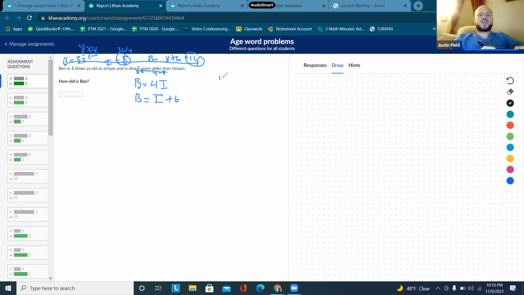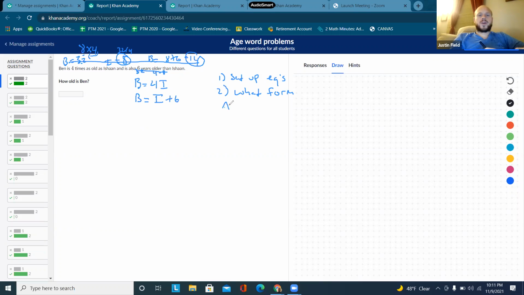Once you have your 2 equations, you have to set up equations, and then what form do you have? Do you know there's 3 forms of equations? Standard form, slope-intercept form, and point-slope form.